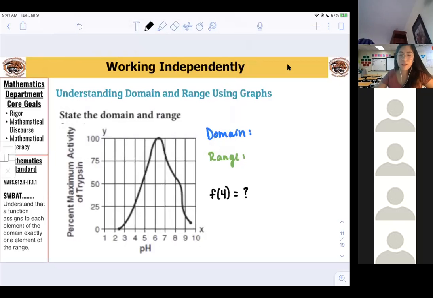And if you want another example to practice evaluating, you can see what is f of 4.